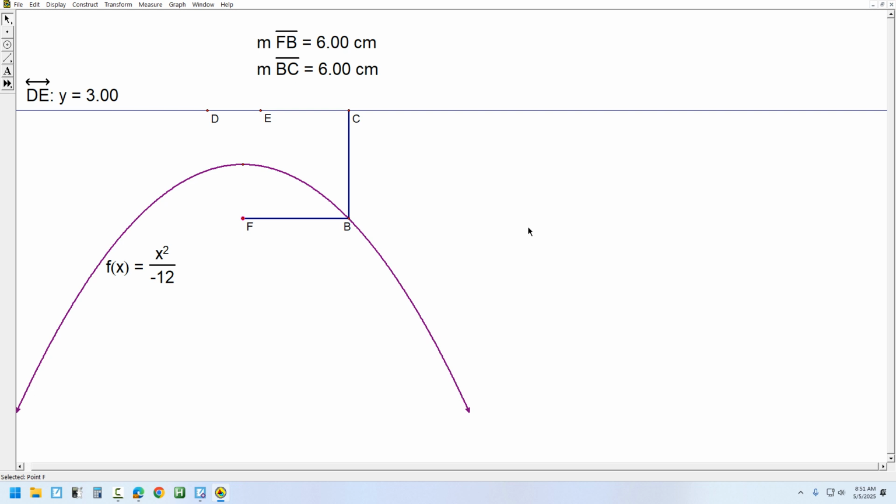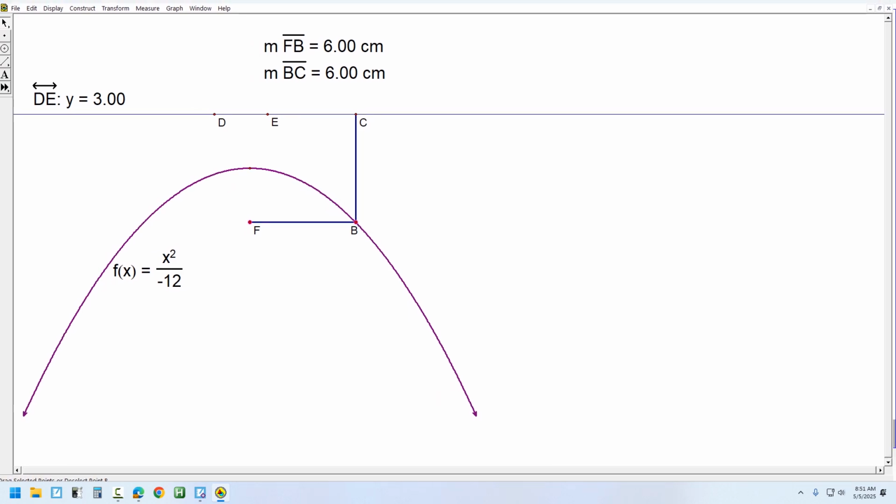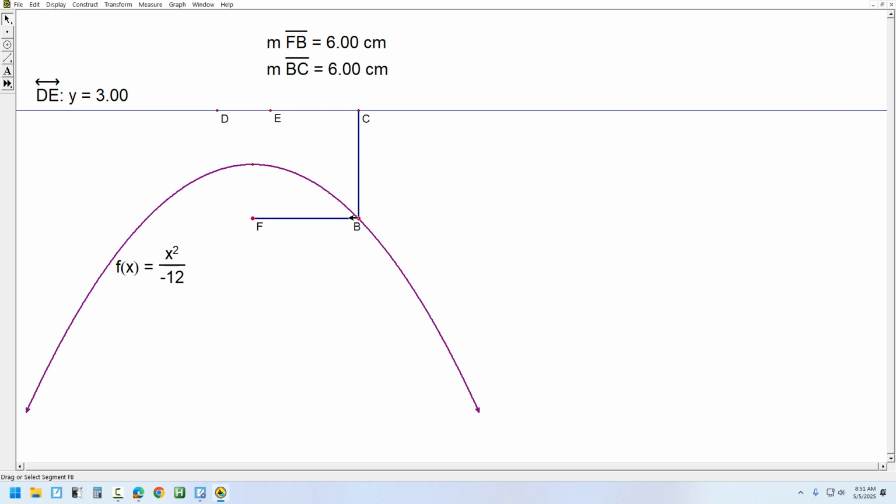Line DE. I'm going to take point B. Let me see if I can drag it. I'm going to take point B and I'm going to drag it along the parabola. Okay? And I want you to watch what happens as you measure the distance from that point to F, and then from that point straight up to C.